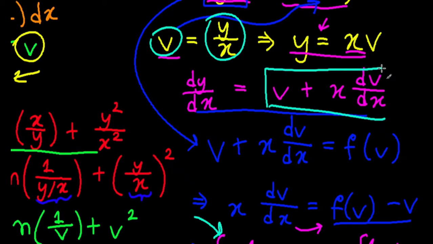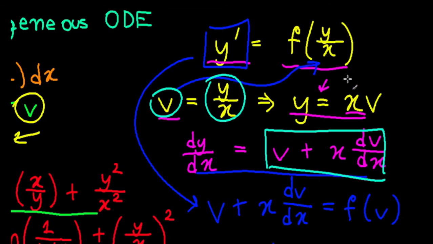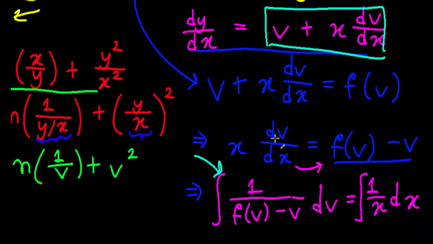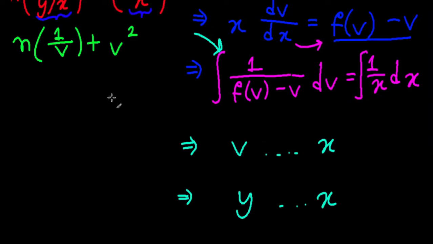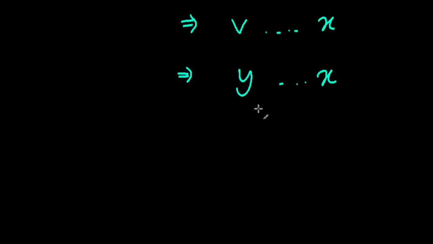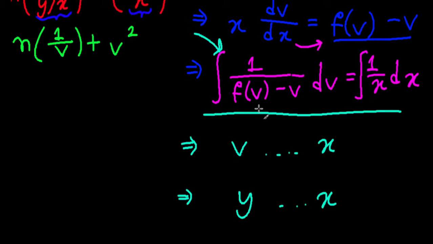I think most people just memorize this portion, but it's really not necessary. You can just work it out every time. These are not things to memorize. It's just to show you that we indeed do get a separable equation, given that we meet the initial criteria and make the substitution. Then at the end, if you can solve the integral on both sides, we should be able to get a relation between y and x. That's the goal here.